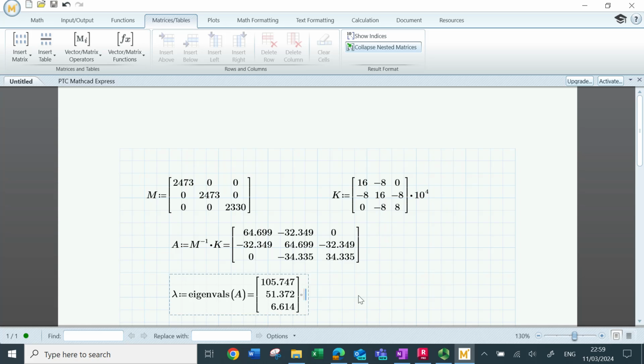So the frequencies are equal square root of lambda, of eigenvalue divided by 2 pi, equals, so these are our values for natural frequency from robot. So the first natural frequency 0409.